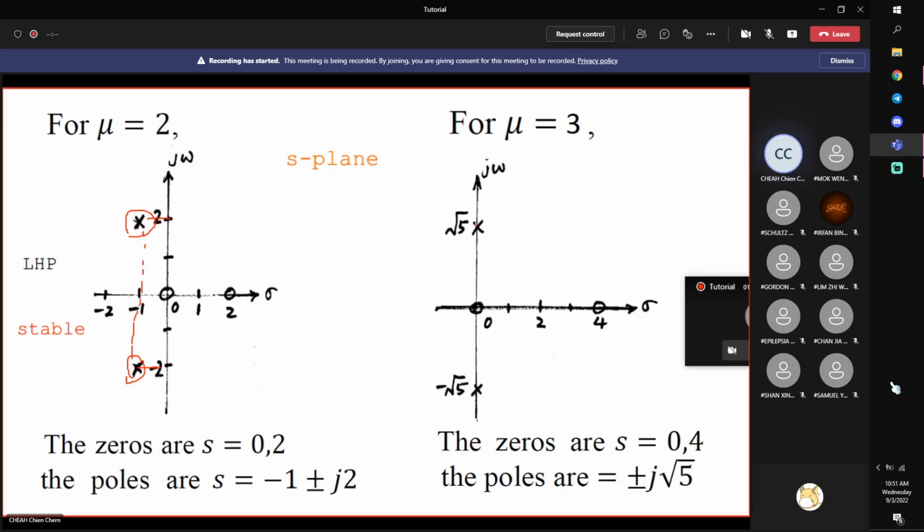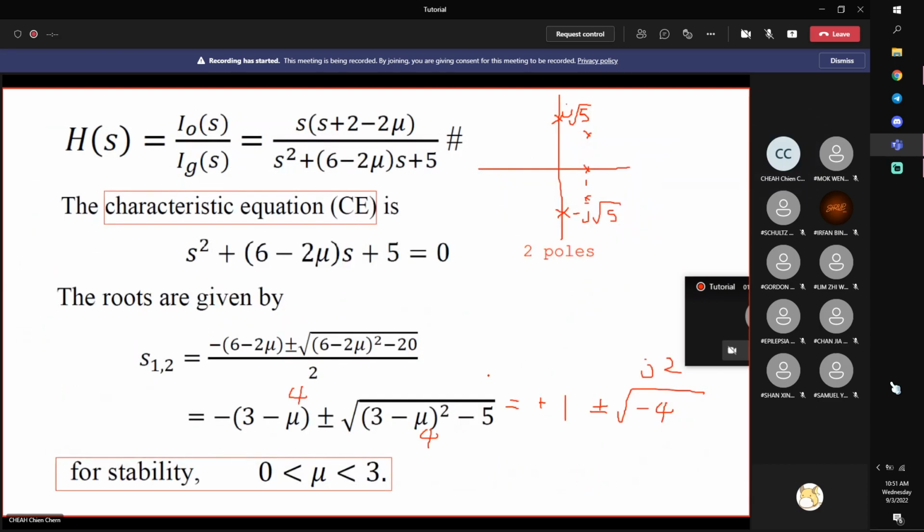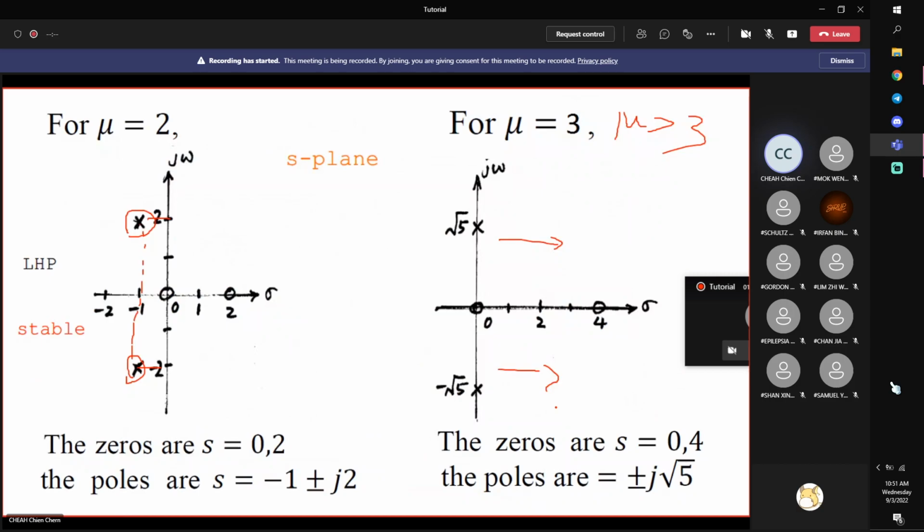For mu equal to 3, it starts to enter the unstable region. If mu is greater than 3, then it will be on the right half plane. You can try what I did, mu equal to 4, for example, and you will see that you become positive 1, right? Increasing mu further will increase your real part as a positive value even further.